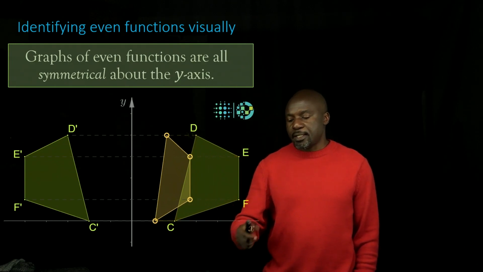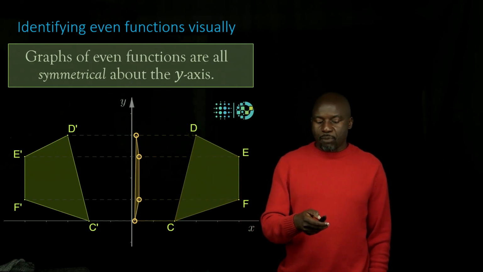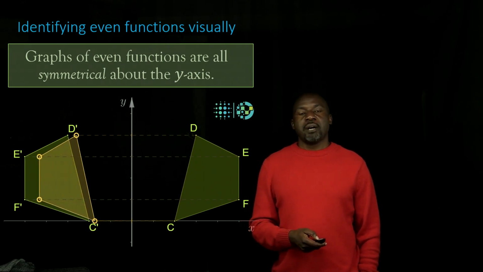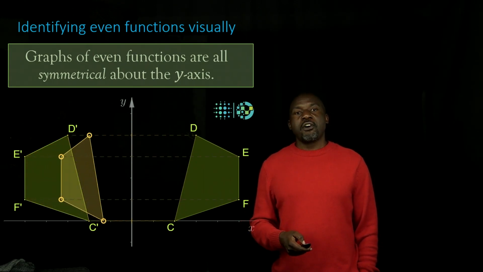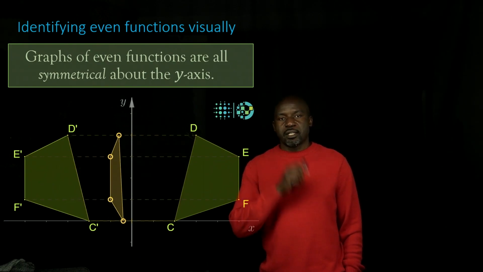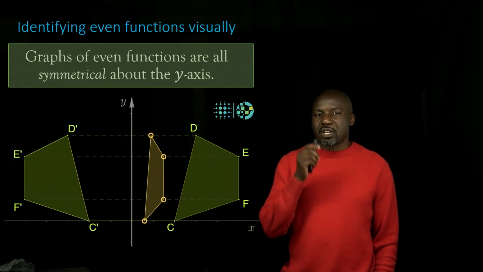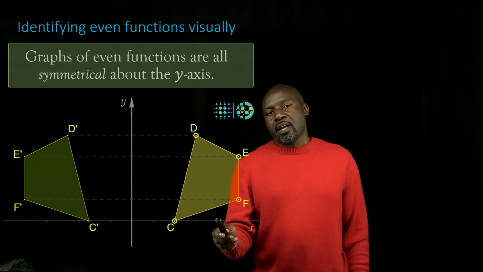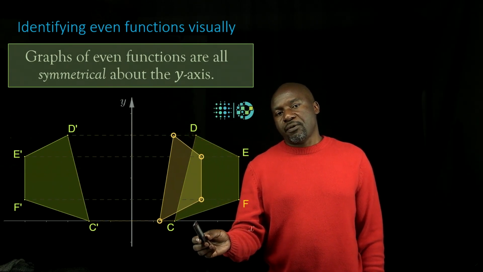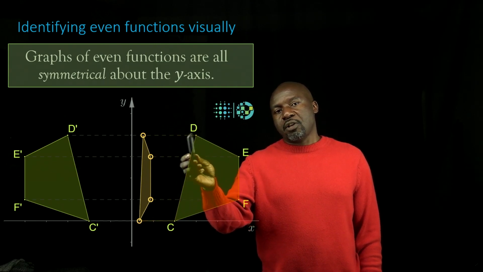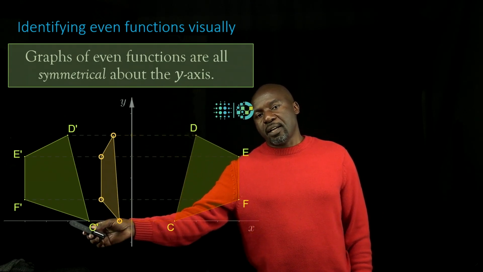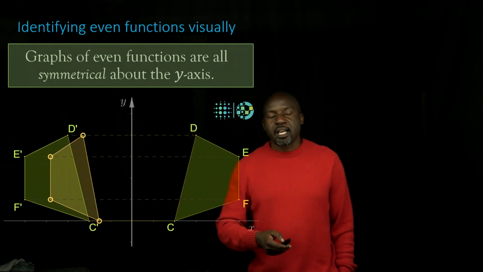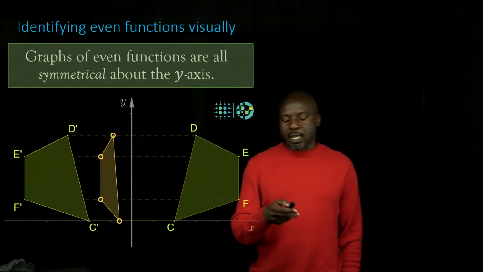Those distances are the same, except one is on the opposite side of the other. We say that there is symmetry about the y-axis, and all even functions are symmetrical about the y-axis. Because of this, it follows that the y value of this point is going to be the same as the y value of that point. And that's the reason why f of negative x is always the same as f of x.